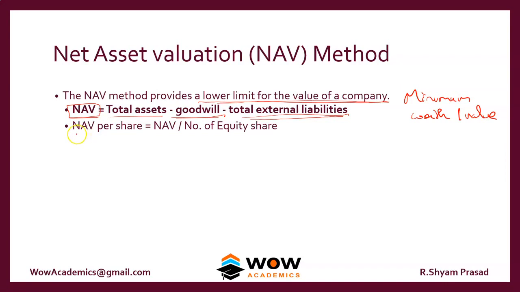This is the net asset value for the whole company. If you want to find it per share, you use NAV per share. That is, take the NAV which was computed here and divide it by the number of equity shares, and you will arrive at the NAV per share value.